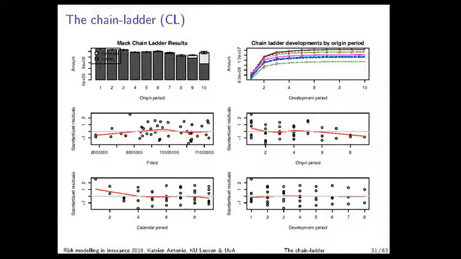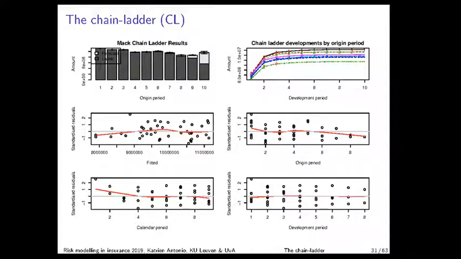So these gray bars display the outstanding reserve per occurrence or per origin period. The plot also shows you a plus/minus standard error corresponding to the reserve estimate. And these errors are calculated with the Mack distribution-free chain ladder method, as we will explain further on.